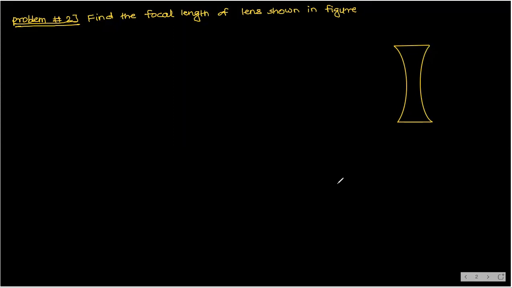This is a biconcave lens. Here R1 is equal to R2 is equal to 20 centimeter.